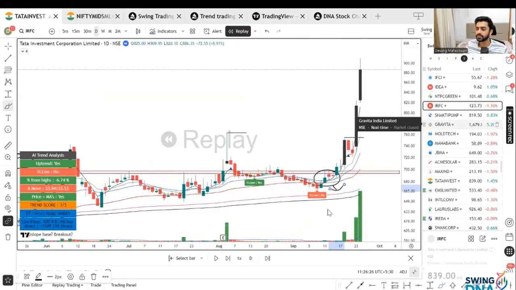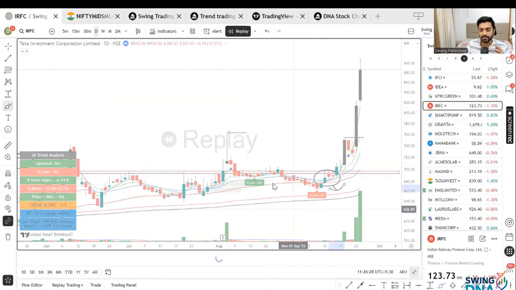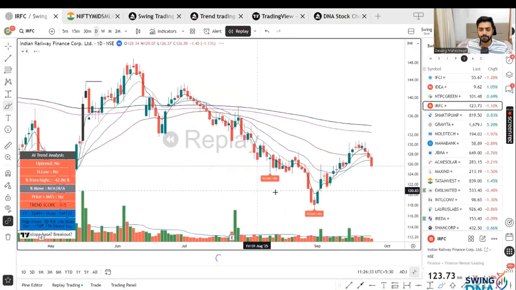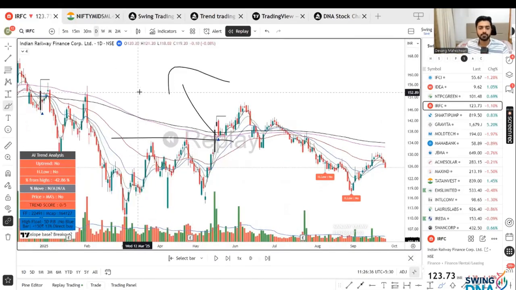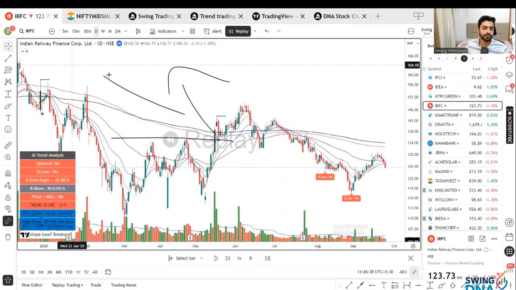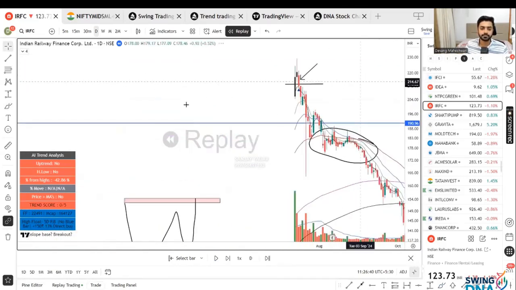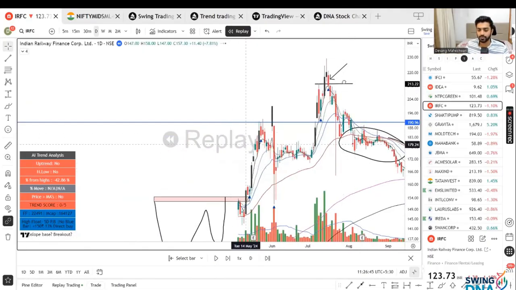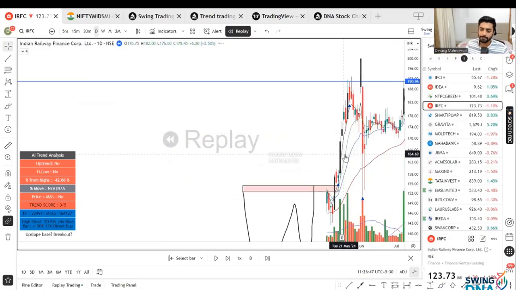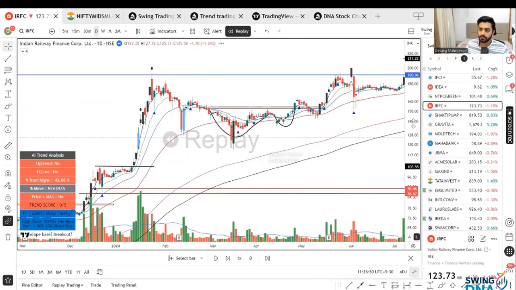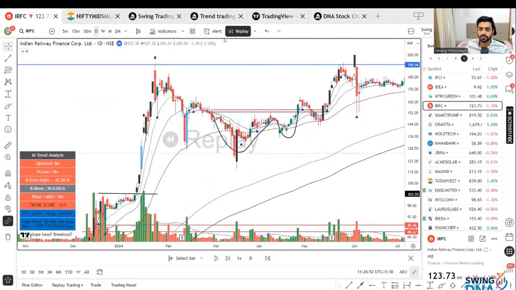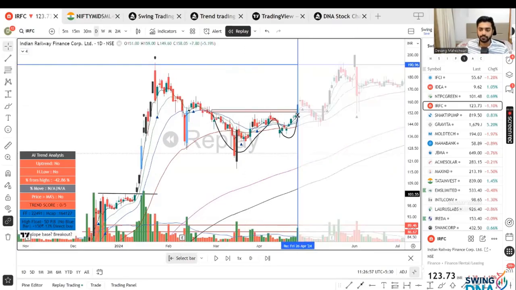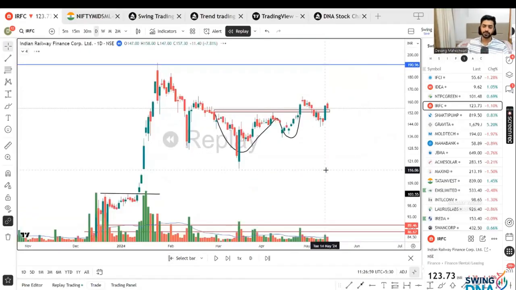Let's see the IRFC example that we discussed previously. You can see here a higher low. This is the correct one. Let me go to those days. Let's say you are on this particular day.